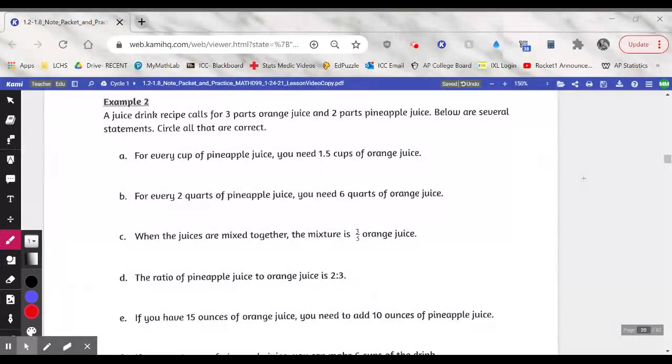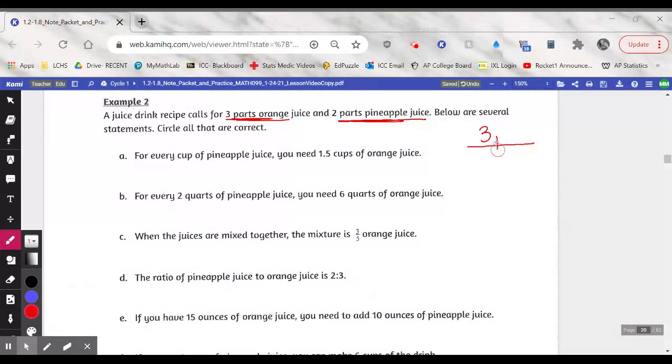For example 2, a juice drink recipe calls for 3 parts orange juice and 2 parts pineapple juice. So this tells us the ratio that we're looking at. And I'm going to go ahead and write this so that we can see it as a fraction. And I'm going to abbreviate the orange juice to be OJ.